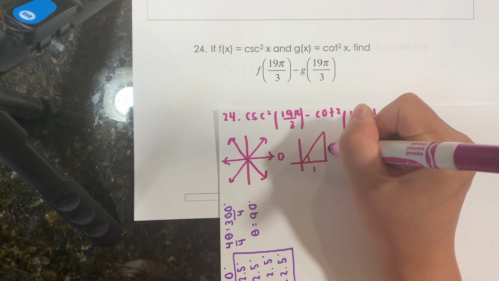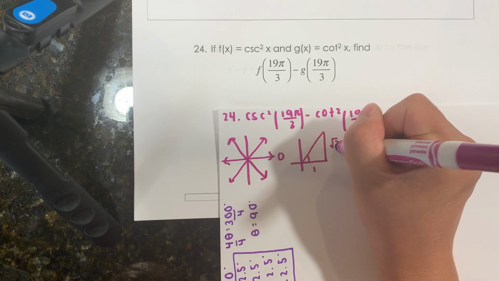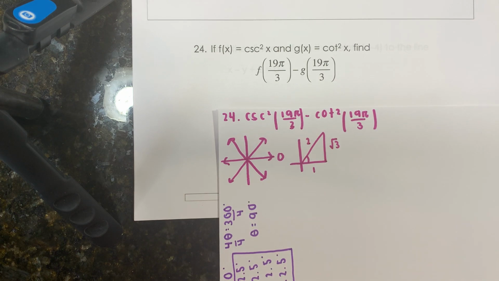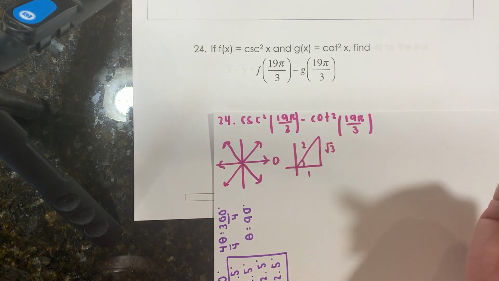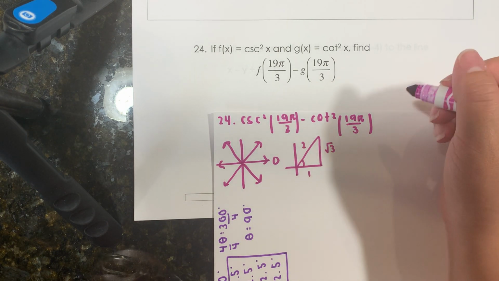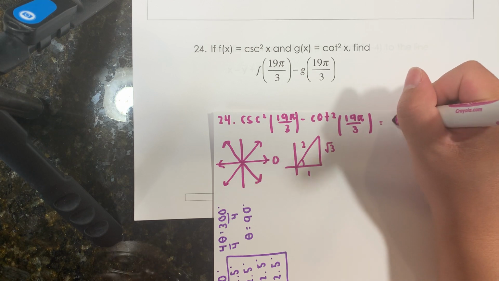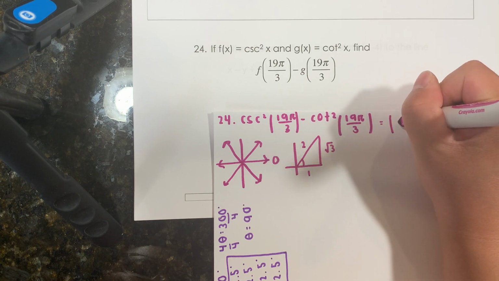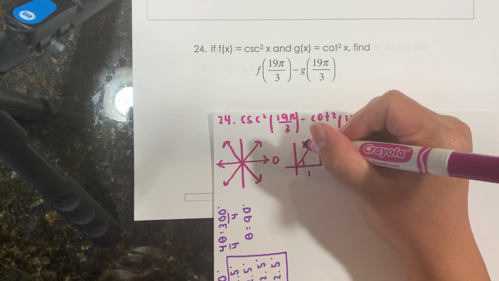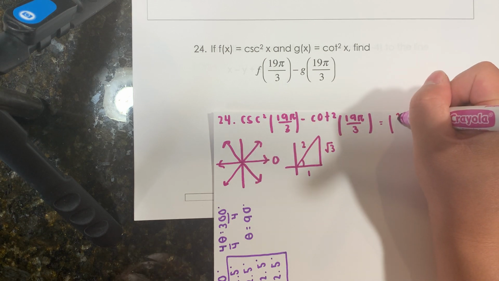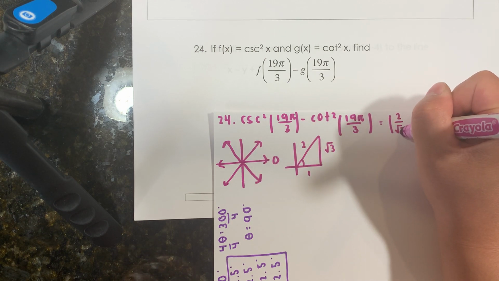So the adjacent would be 1, opposite would be root 3, hypotenuse would be 2. So cosecant is the inverse of sine. So that would be hypotenuse over adjacent. No, inverse of sine is hypotenuse over opposite. So that would be 2 over root 3, and I would have to square that.